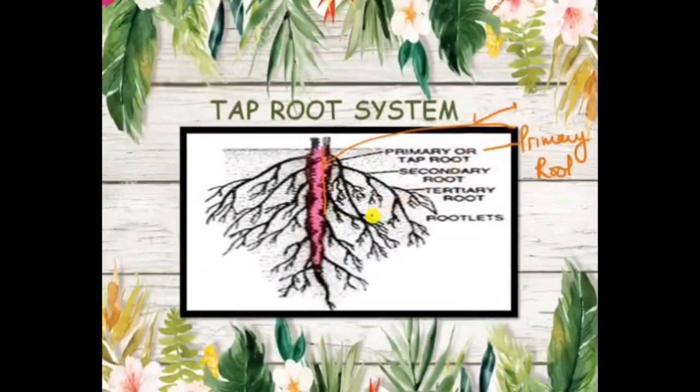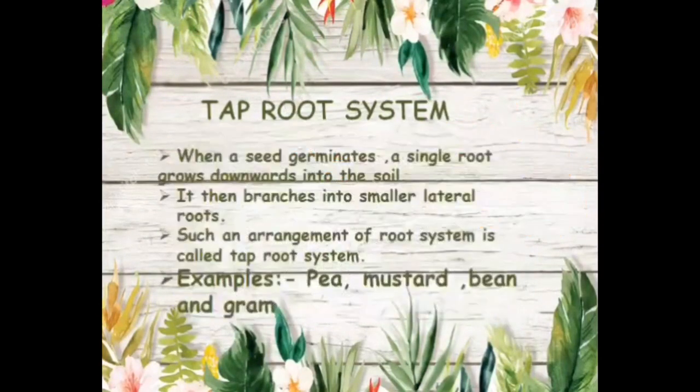stem, which grows into the soil, and from this primary root several roots arise, and these are called lateral roots, or we can also call them secondary roots, and from the secondary root further roots arise, that is called a tertiary root. Such type of system is called a taproot system. Let's see the definition.